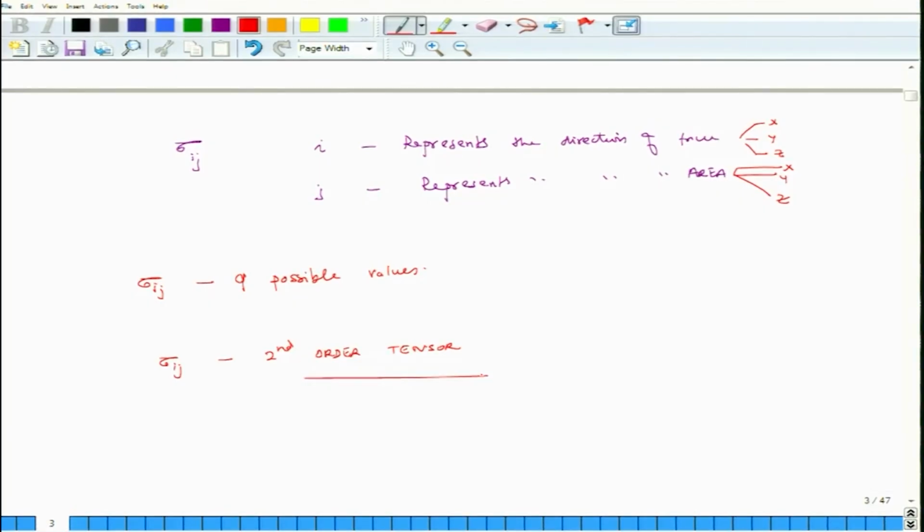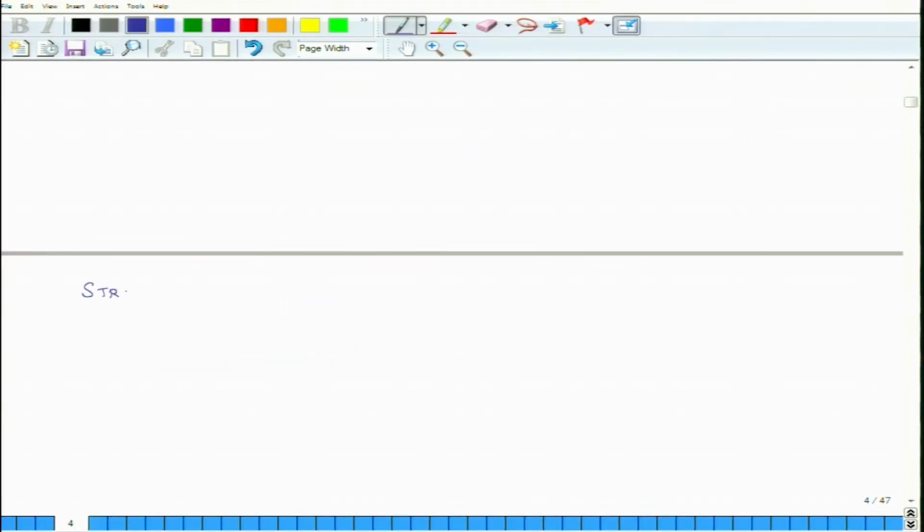The other thing which is a second order tensor, and is important in the context of this course, is this thing called strain. So, strain we write as epsilon ij, and what are these values?